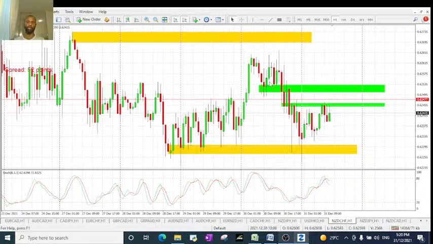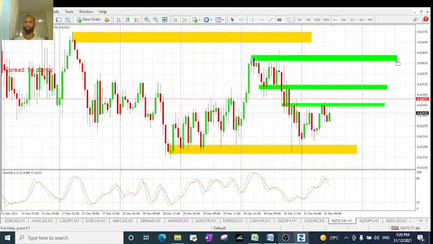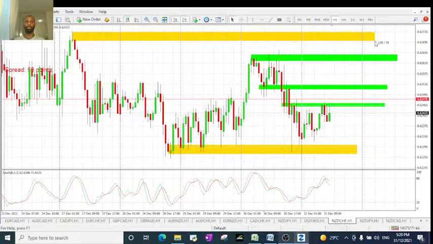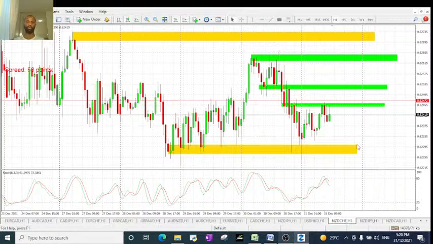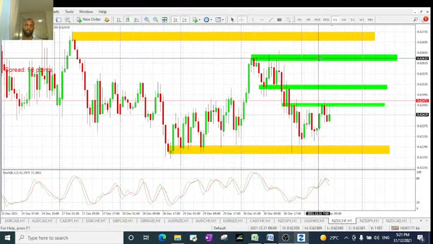If we break these, then we're going to run into another problem somewhere here, and if we get through that one, we run into this one. So you can't do anything, man. The only place you can do something is if we get to either extreme. But as it is now, you can't do much because of the size of the zones.